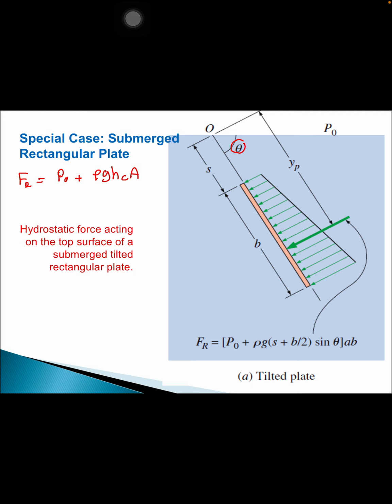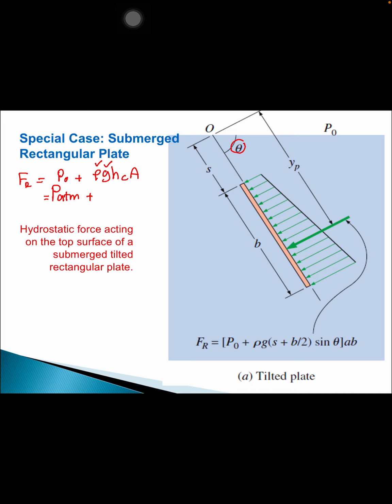But for the submerged plane we have to use rho g h centroid and also the area of the plane. Here P naught we know is normally P atm, plus rho, we have the value.